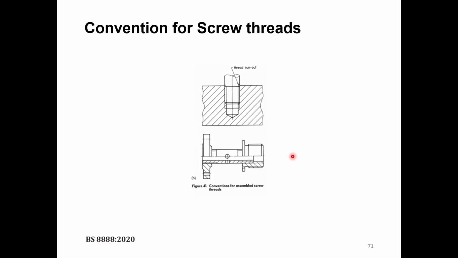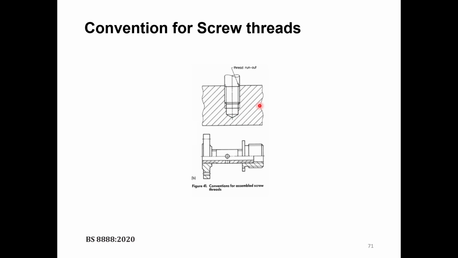So for screws, there are some rules for hatching or sectioning the screws. If you look here, you see some details, but you need to be aware of them first.